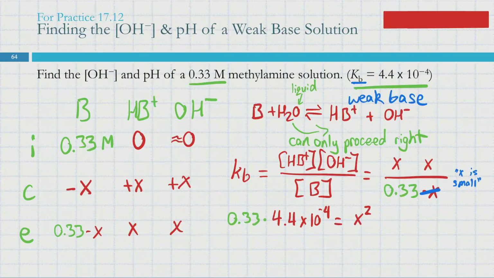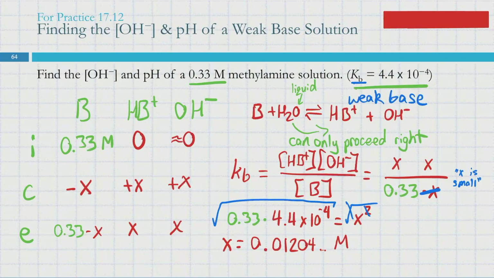To undo the squared, we'll do the square root of both sides. So in this case, x is equal to 0.01204 dot dot dot. Call it molar if we want to.